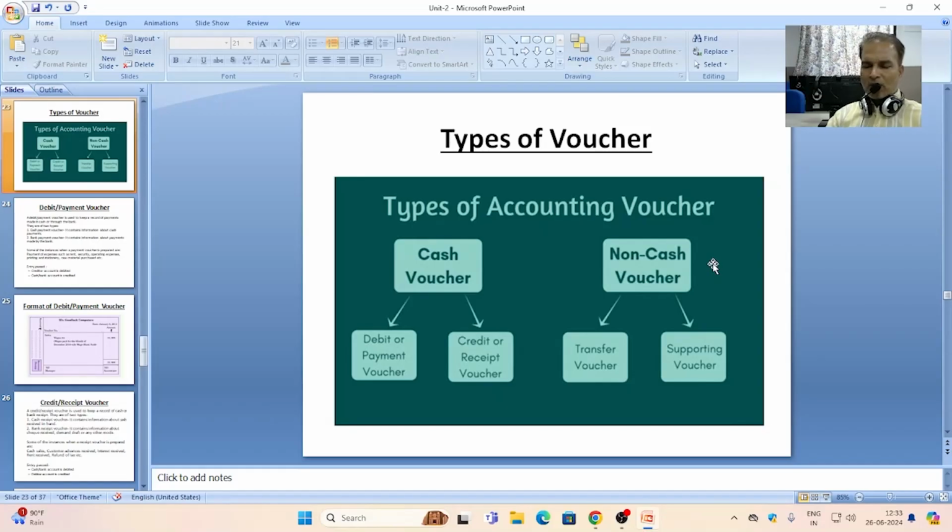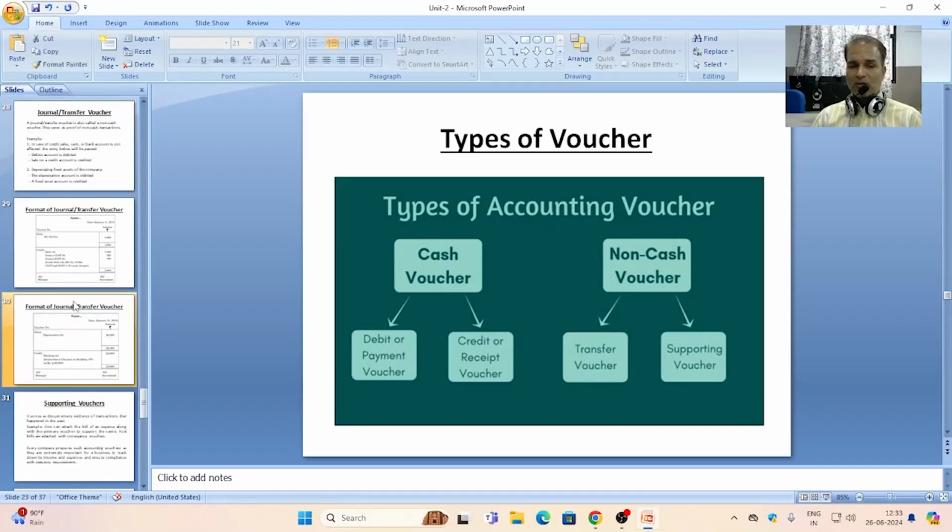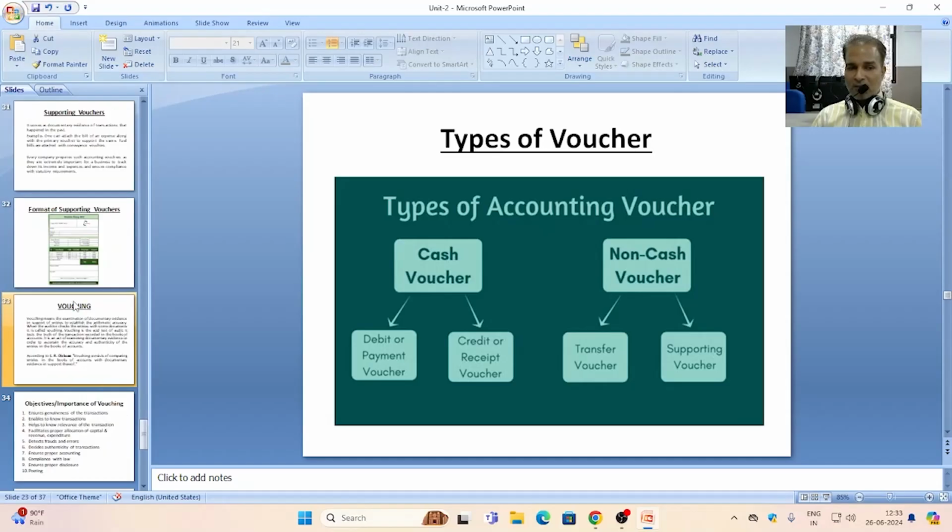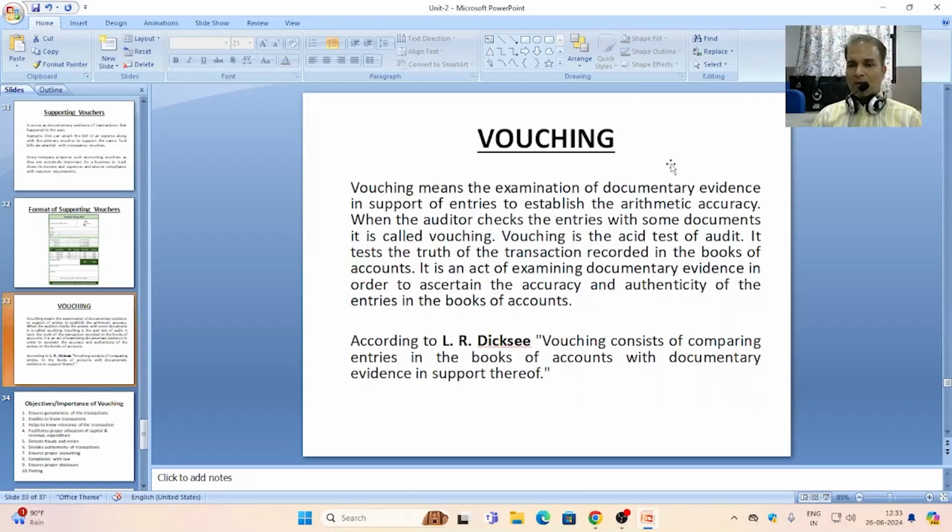In the procedure of auditing, all these vouchers will be audited by the auditor, and the process to audit vouchers by the auditor is called vouching. So let me discuss the new term vouching.